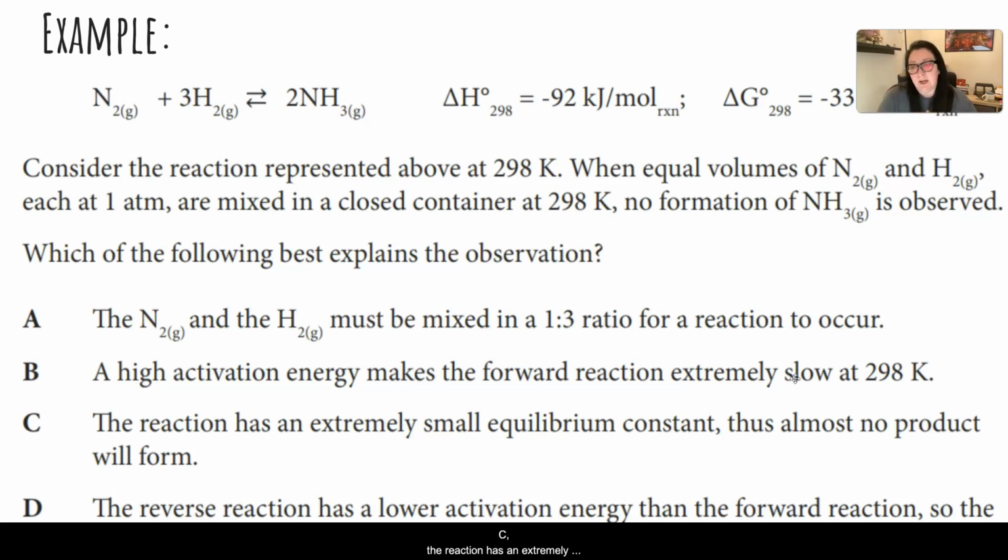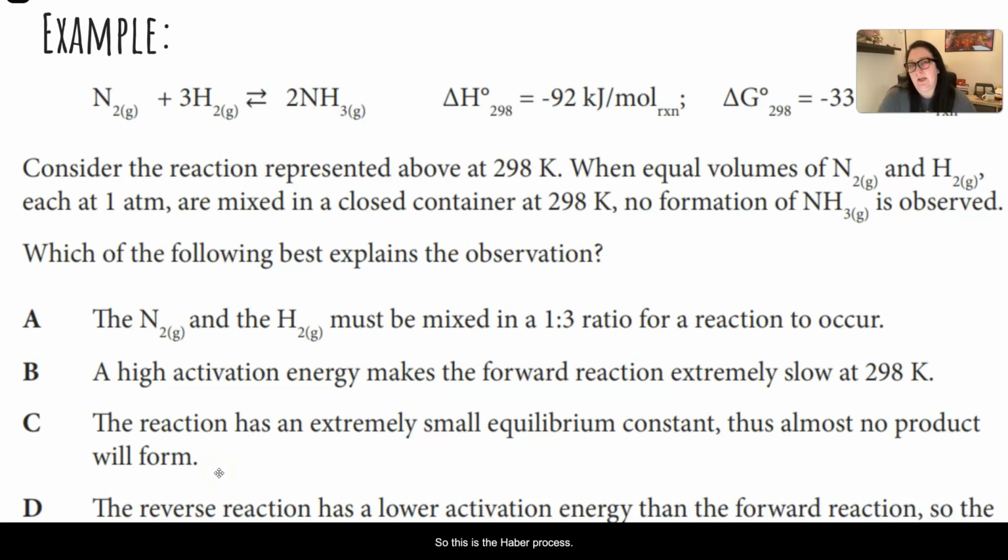C, the reaction has an extremely small equilibrium constant, thus almost no product will form. No. All right, D, the reverse reaction has a lower activation energy than the forward reaction, so the forward reaction does not occur. No. Okay, no to C and D.